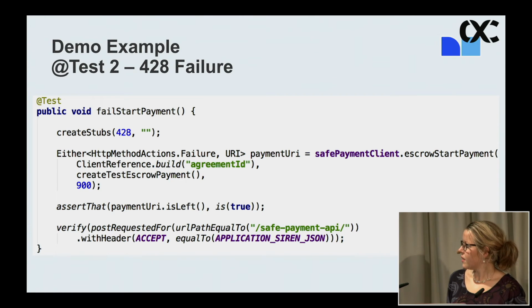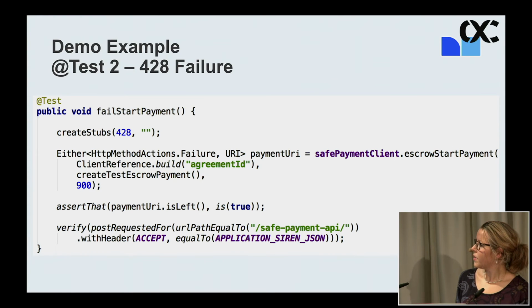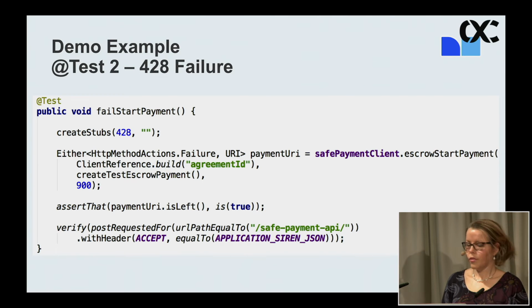So I can test that by creating the stubs so that it will return 428. And then I start the safe payment client, and I call start payment, and I check that this one gives a left because there is a failure here.